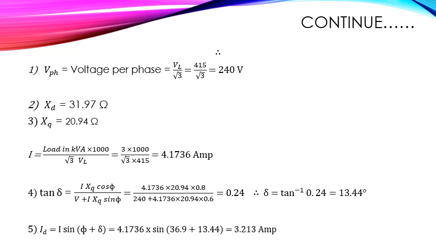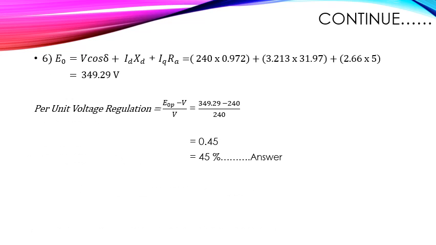Then using the phase angle phi and delta, find the direct axis component of current, Id, which is 3.213 ampere. Then put these values of Id, Xd, Iq, Ra, delta and V and get the no load voltage per phase, that is 349.29 volts.